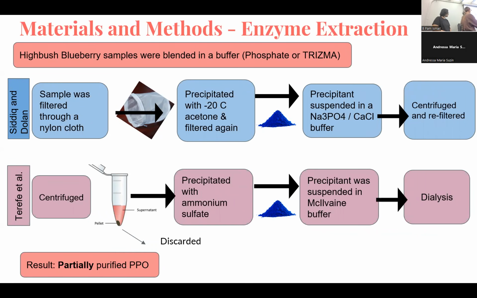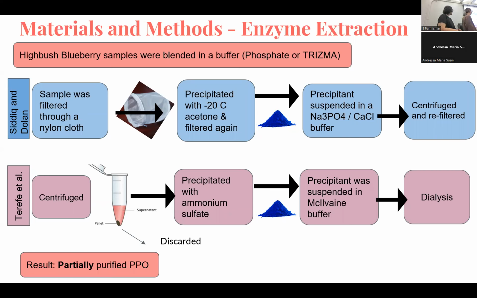I assume so, because we see that with temperature some of them are activated, some are active. So maybe the fact that one used a very low temperature, or used acetone instead of ammonium sulfate precipitate, maybe some of that had an impact.